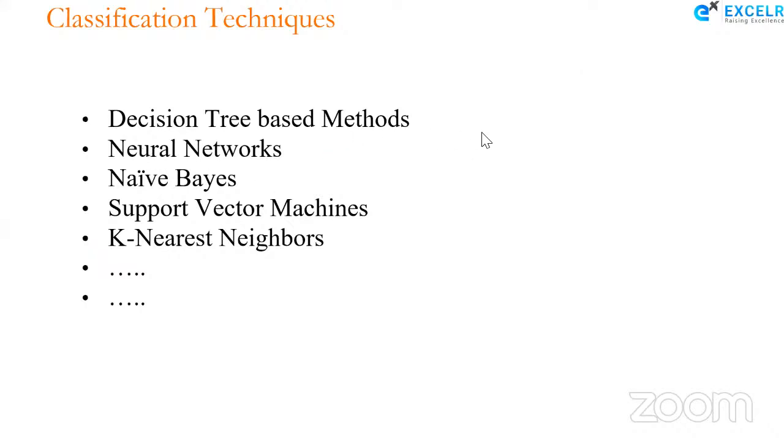All right. So what are the different kinds of classification techniques we have? We have the decision tree based methods. We have neural networks, nothing but deep learning techniques. We have naive Bayes, support vector machines, and k nearest neighbors. We also have logistic regression, which is a popular binary classification algorithm.